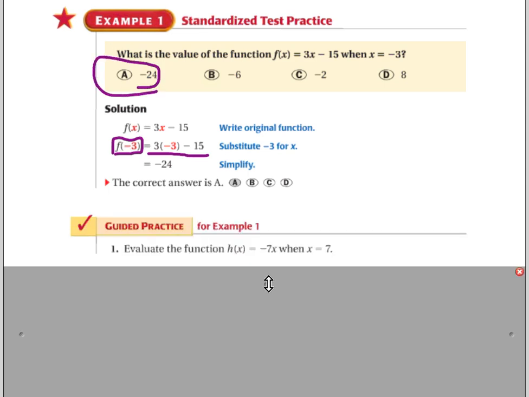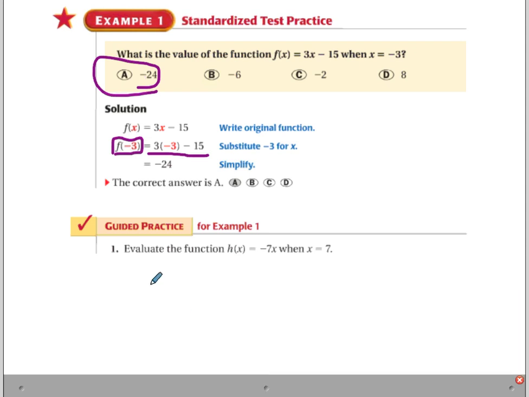Another example is evaluating the function h of x equals negative 7x when x equals 7. I'm going to plug it in just like I did before. So h of 7 equals negative 7, plugging in 7 for my x, times 7.